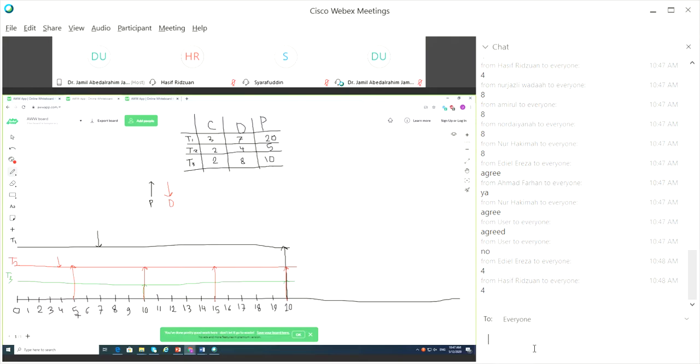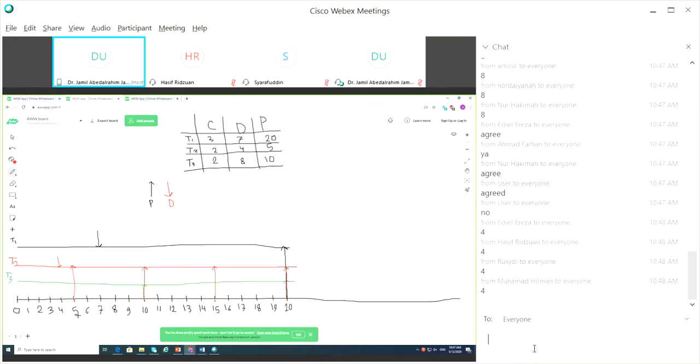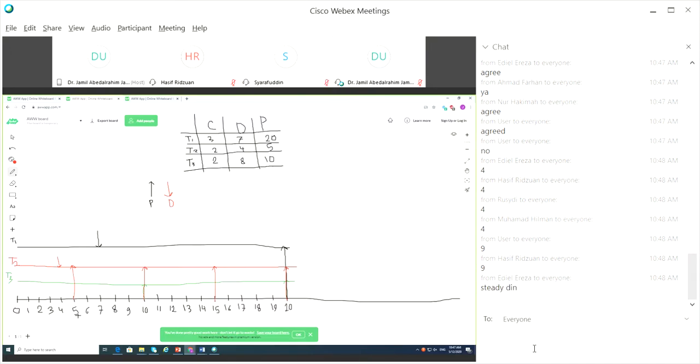4, this is for the first interval. Second interval, 9. Who's that? Your name? Sharafuddin. Okay, correct, 9. We count from 5. The deadline 4, we count from 5, not from 4, because this is a new interval of task 2.